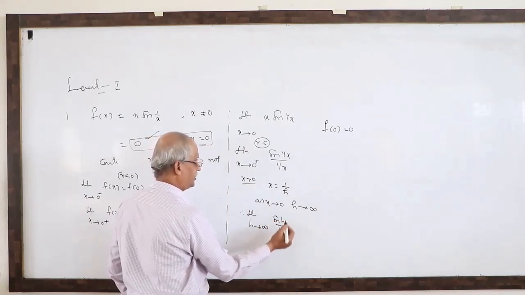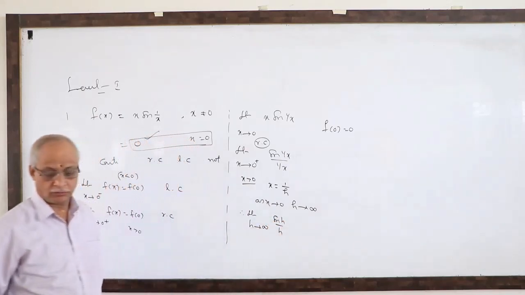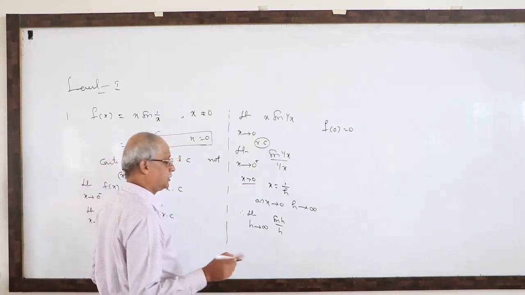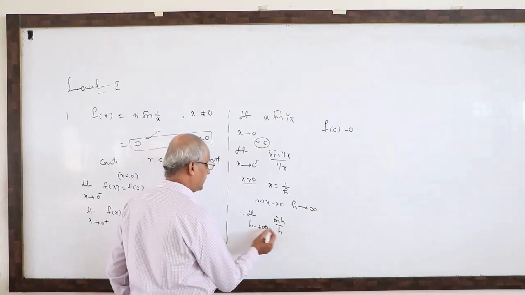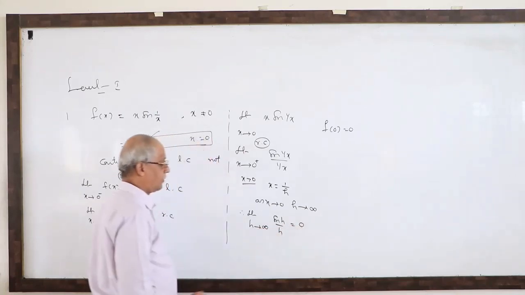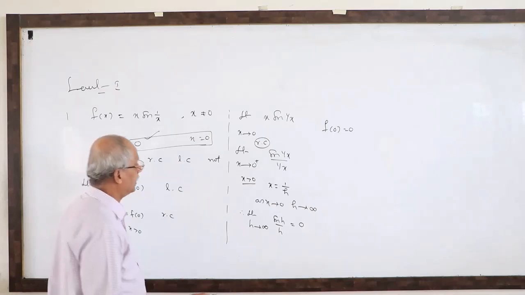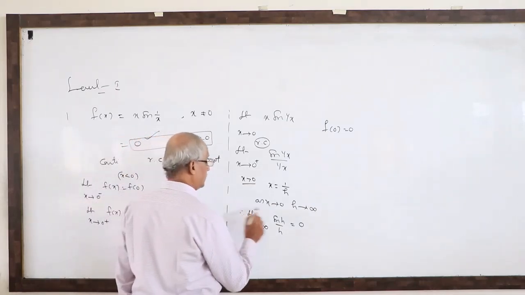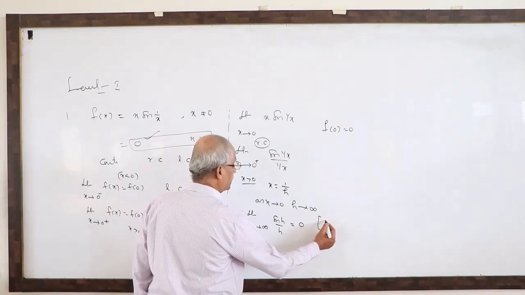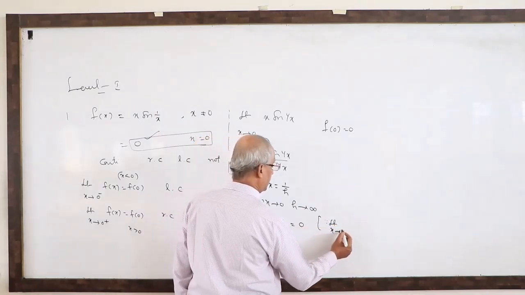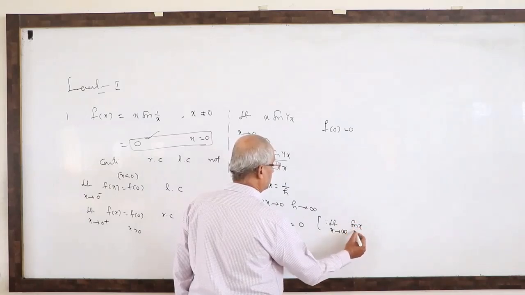Sin h by h. There is one result. Not only the standard theorem, theta tends to 0, sin theta by theta is 1. If it is infinity, then this is 0. This is a result in limits. In the beginning we wrote, now you write this extra result in the synopsis: limit x tends to infinity, sin x by x, is 0.